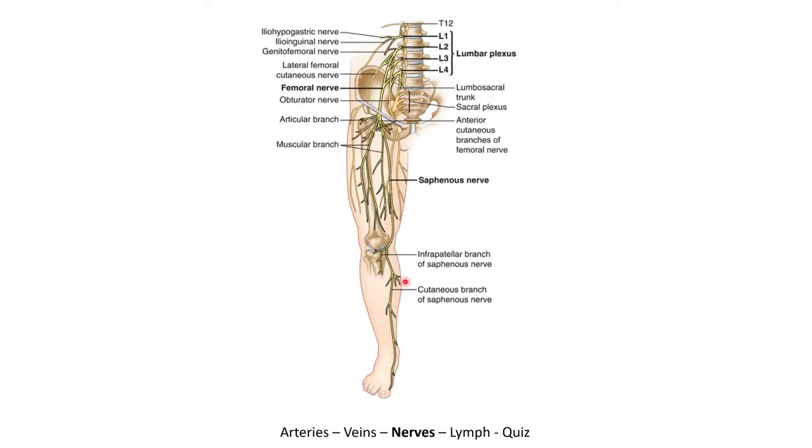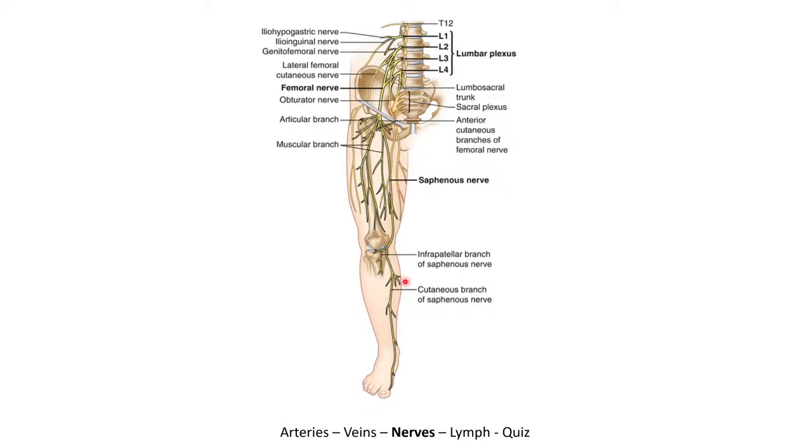Let's move on. Now, next nerve is nervus obturatorius. Nervus obturatorius is the most medial nerve of plexus lumbalis. So it is also L2 to L4, and it will run between arteria iliaca externa and musculus psoas major.